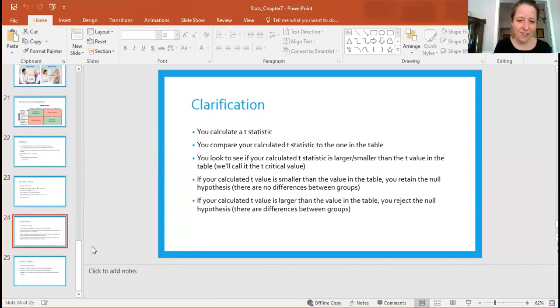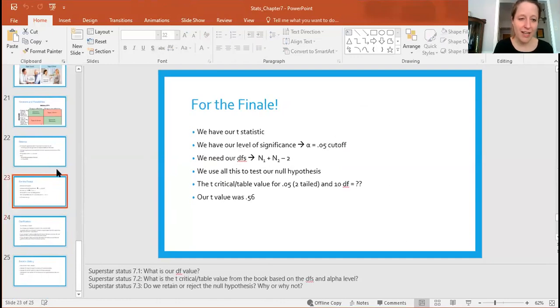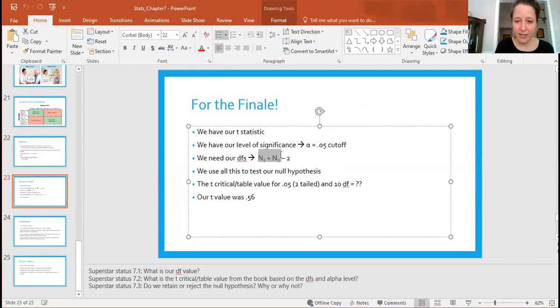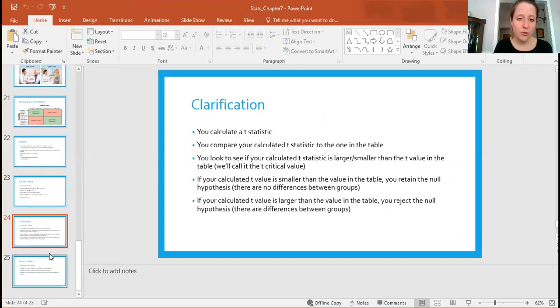And we talked about the null and the research hypothesis. We talked about degrees of freedom, so taking your two sample sizes, adding them together, subtracting 2, and then using that to get your t critical value from the table.